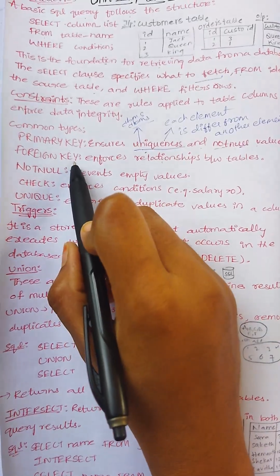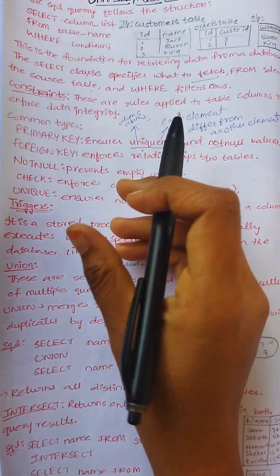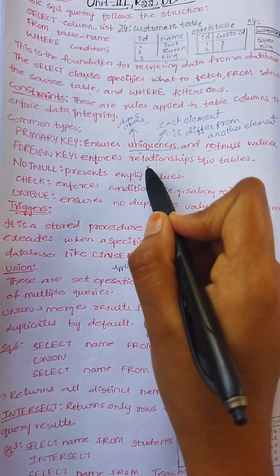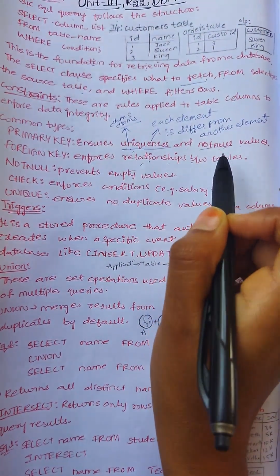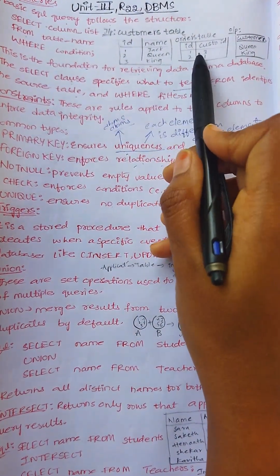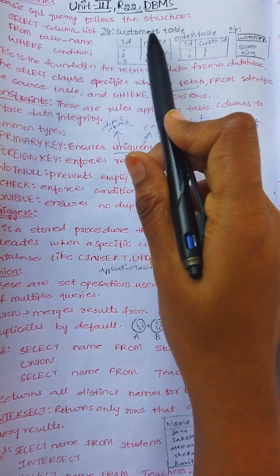Foreign key is used for the relation between two tables. It specifies or enforces relationships between tables, like here ID is present, here ID is present. These two tables contain a specific key, that is the foreign key. ID is the foreign key.